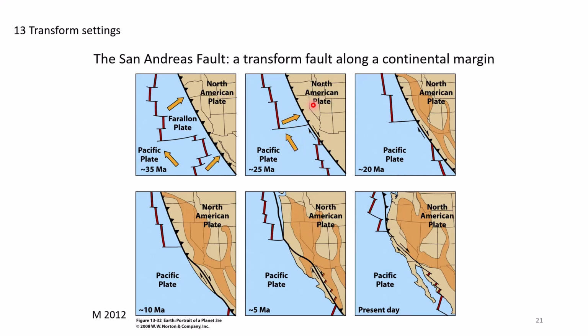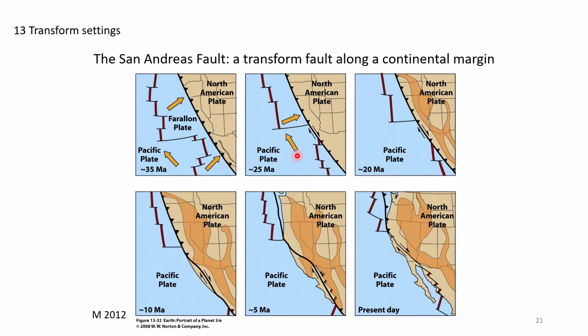The Farallon plate is pushed to the east because of the orientation of the mid-oceanic ridge segments that create this plate. At about 25 million years ago, a protruding segment of these mid-oceanic ridge segments had become subducted, and at that time the northwest moving Pacific plate came into direct contact with the North American plate.